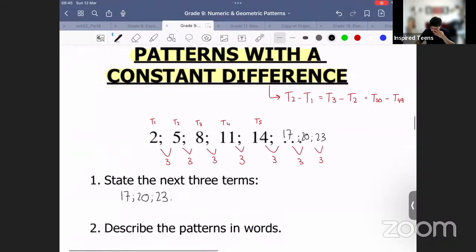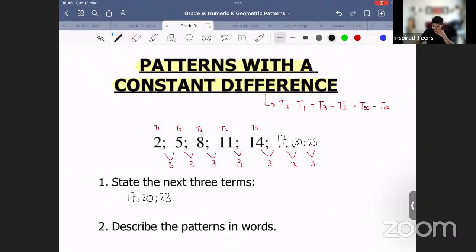Describe the pattern in words. Someone describe to me this pattern in words, please.